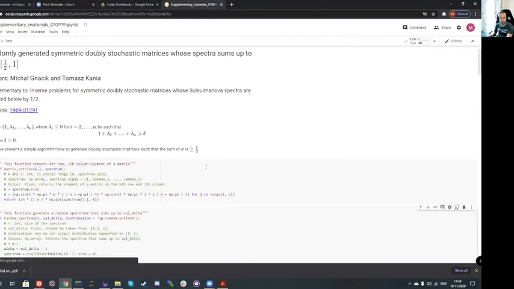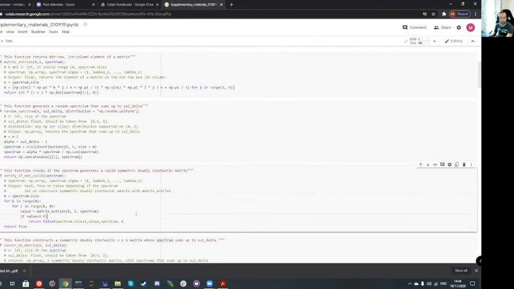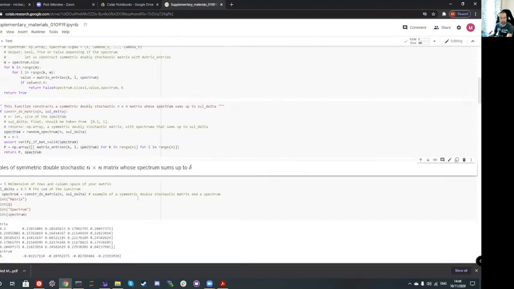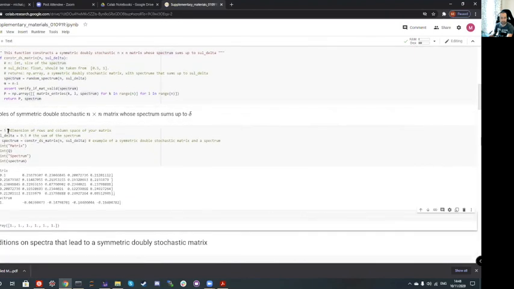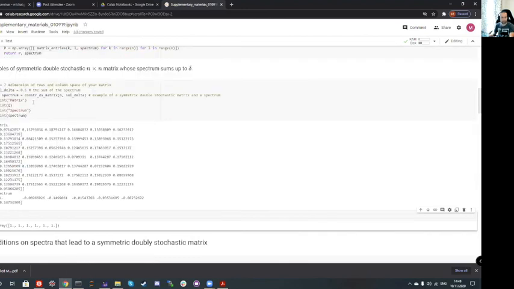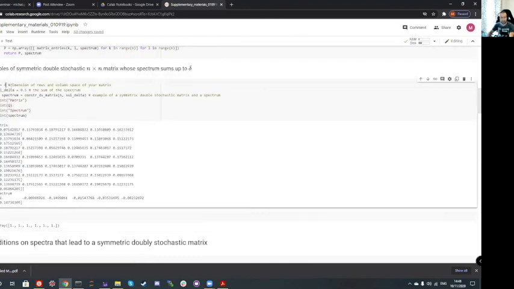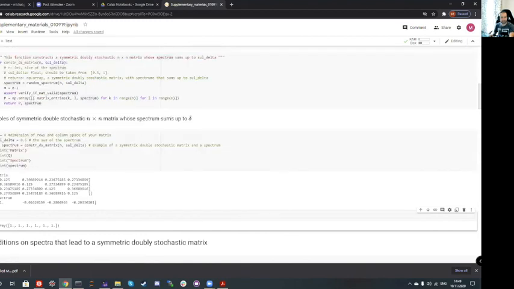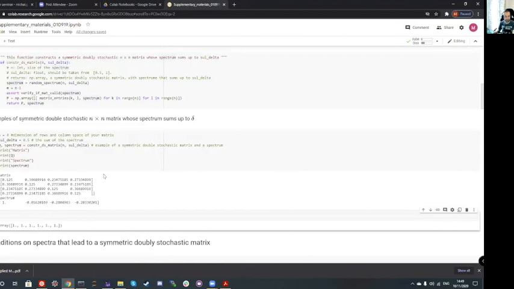We have added supplementary material which implements this simple algorithm, and you can get these doubly stochastic symmetric matrices when you specify n. Of course, just displaying these matrices, you cannot really see that much; it would be much better to see certain parts of a graph for that. So I apologize that the examples are not as visual as I would have thought.